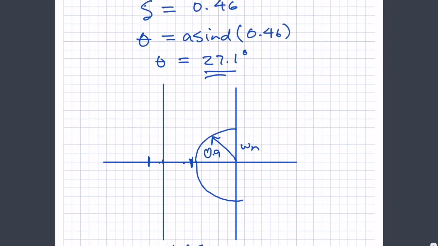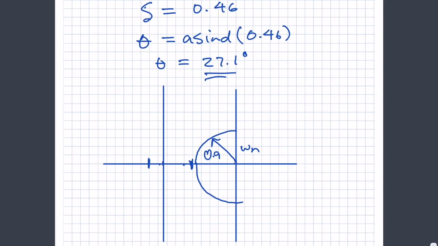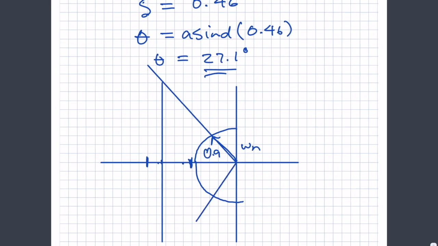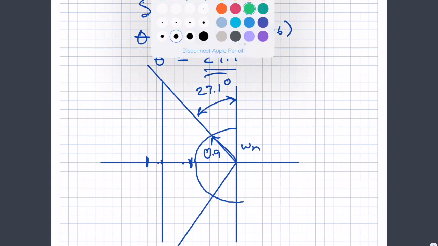It's 30 degrees from the vertical. All right, so we're looking at about here, and here. Okay, so this is 27.1 degrees. All right, and so we're looking at an intersection of all these regions.